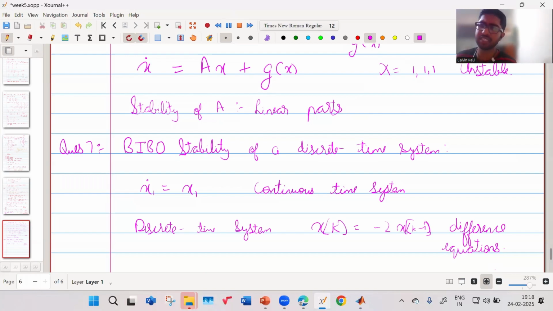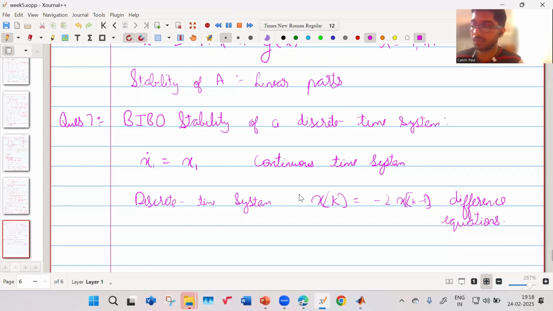Can you give an example of a discrete time system which you know? Any example of a discrete time system, or whether it is just fictitious? Nowadays the world is becoming digital.